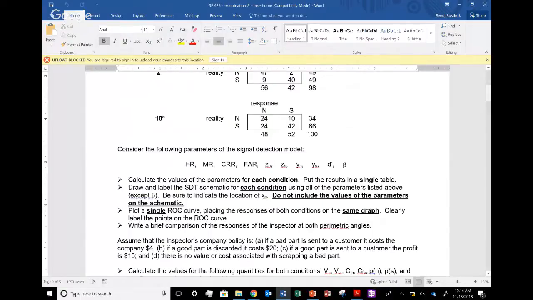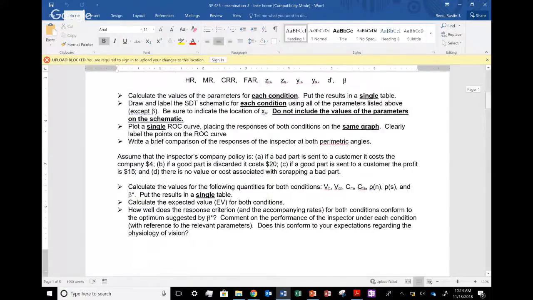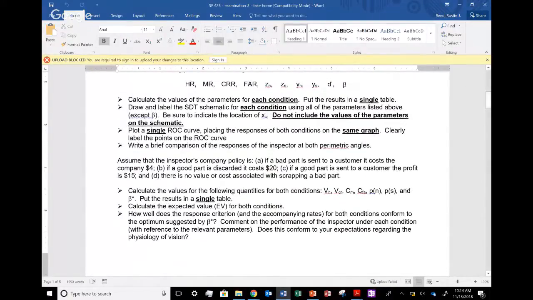It's going to ask you to do the expected value. So you've got some costs here. If a good part is discarded, it's $20. And so you'll need to calculate the other beta, or beta prime, to see whether you should go ahead and have lots of false alarms.